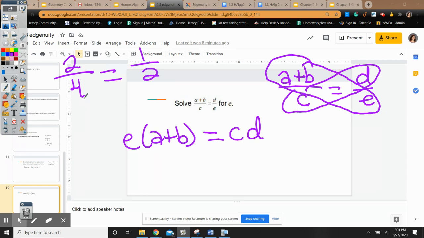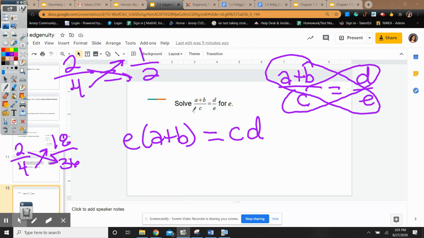Does everyone agree that 2/4 is 1/2? Anytime a fraction equals a fraction, the cross products have to be equal. 4 times 1 equals 2 times 2. That always happens. If I have 2/4 and 18 over 36, that equals 72, and that equals 72. That's what happens with equal fractions.